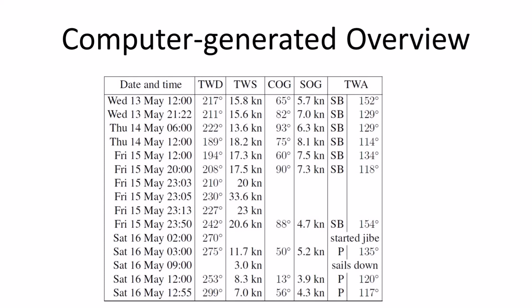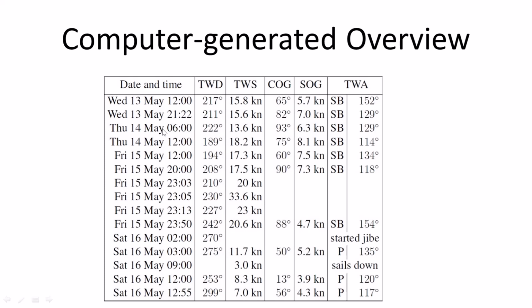So the logbook contains observations of wind direction and wind speed, and of course course over ground and speed over ground. And this covers the period from noon, May 13th, 2022 to Saturday around noon and a little bit after as well.